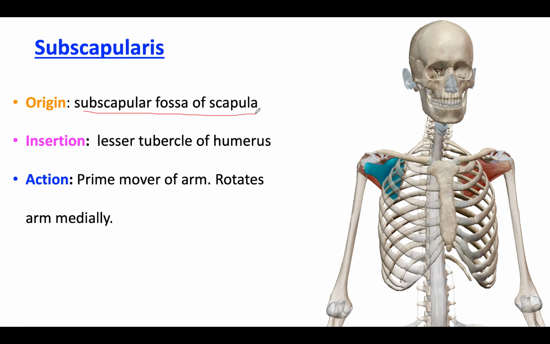So that space, that flat space in the scapula. And it inserts at the lesser tubercle of the humerus. And its action is it's one of the prime movers of the arm. It rotates the arm medially as well.